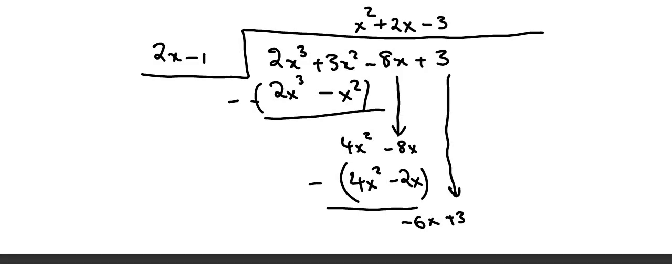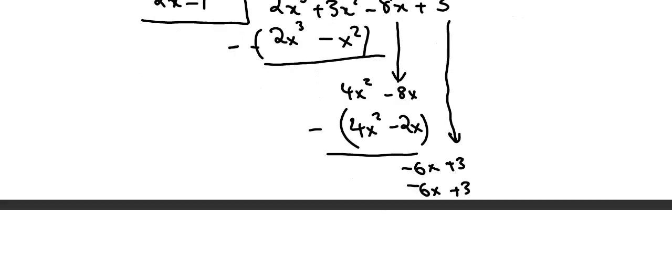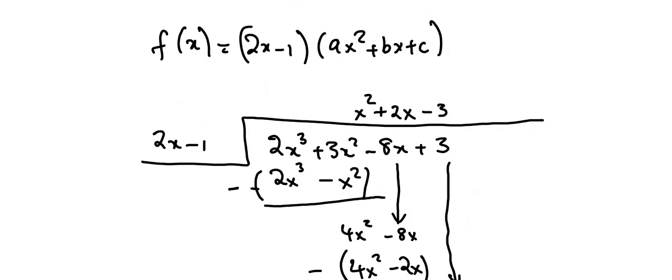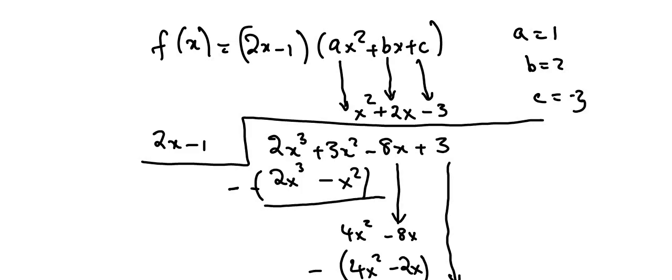We multiply, that's going to be negative 6x, then plus a 3. So this will just end up giving you a 0. So this is a 0, meaning this right here is our quotient, meaning your A is 1, your B is 2, and your C is negative 3.